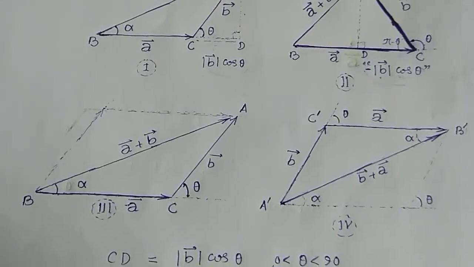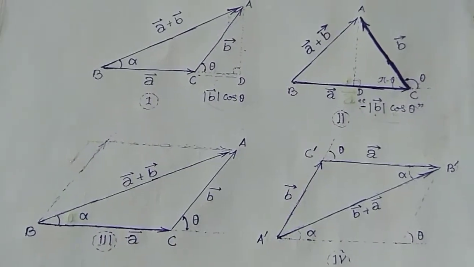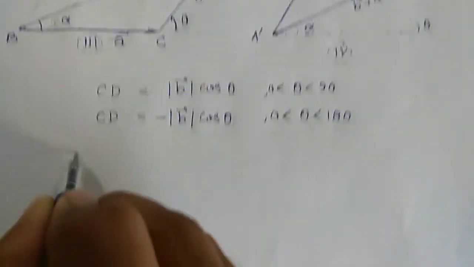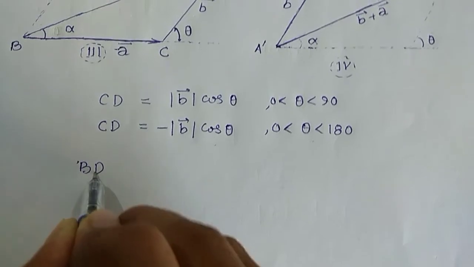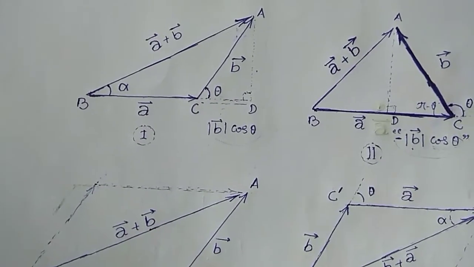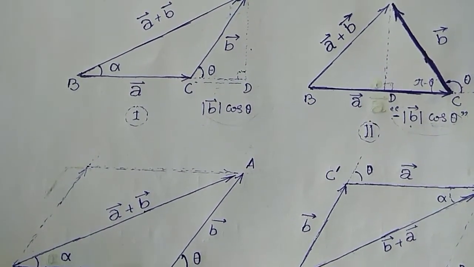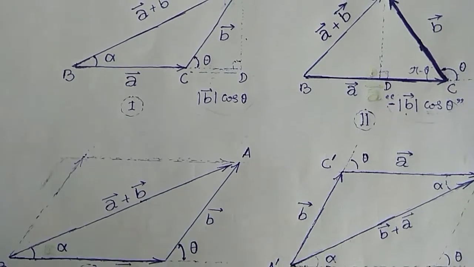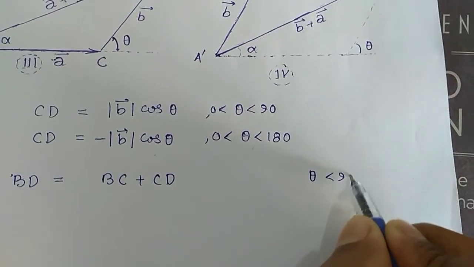Clearly, if we write BD, BD is actually BC plus CD, due to figure 1, which means theta is an acute angle.